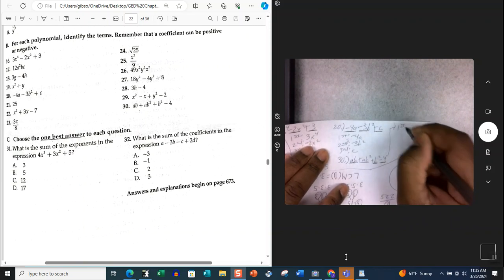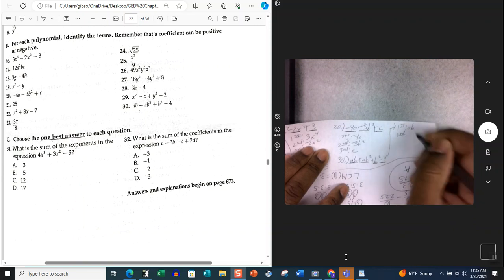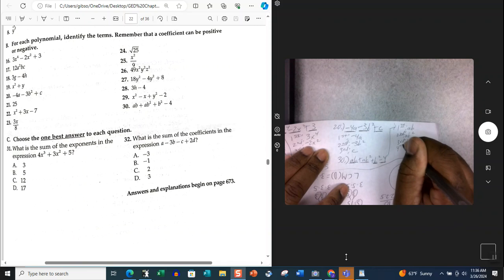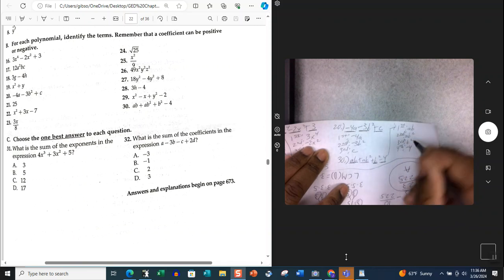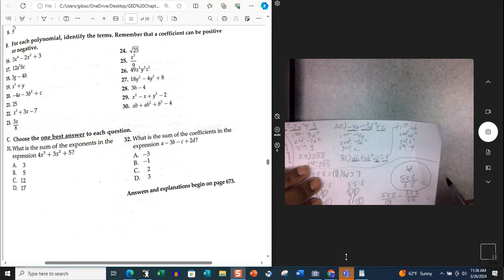The first would be ab. The second would be ab squared. The third would be b squared. And then the fourth would be negative 4. So that took care of all of the terms for problem number 30.